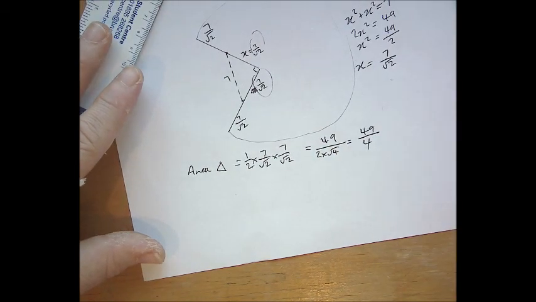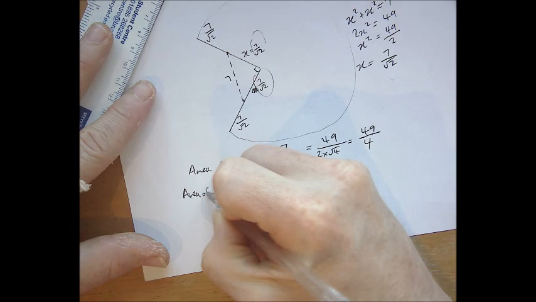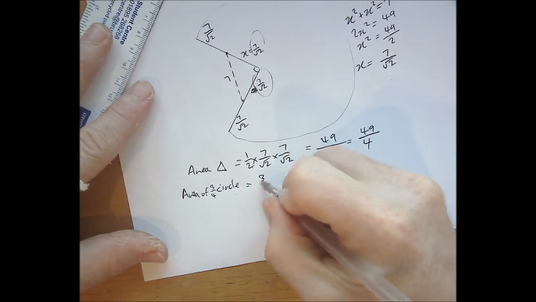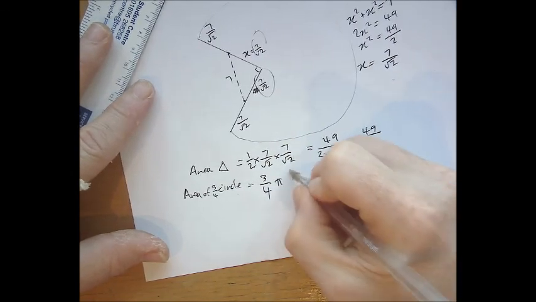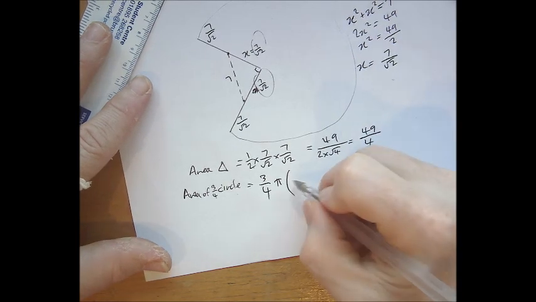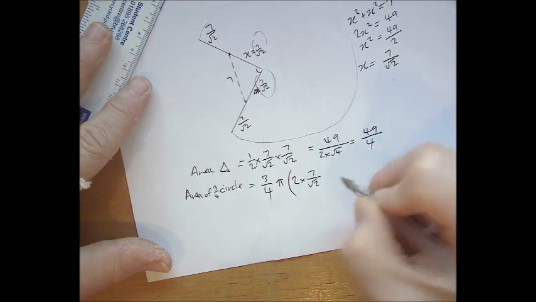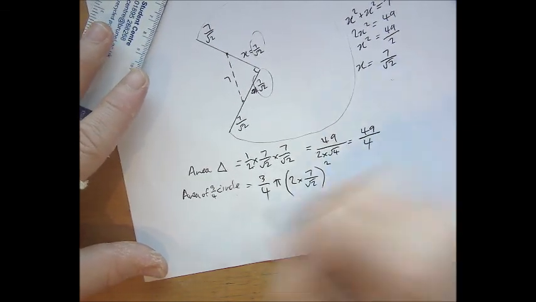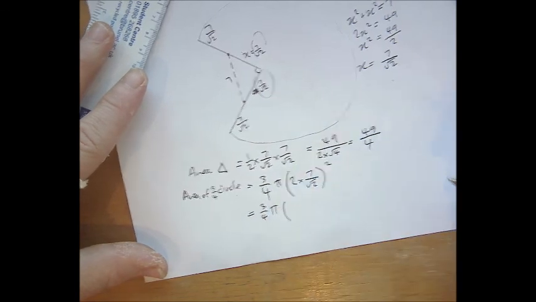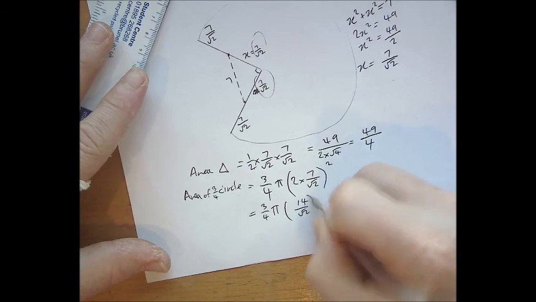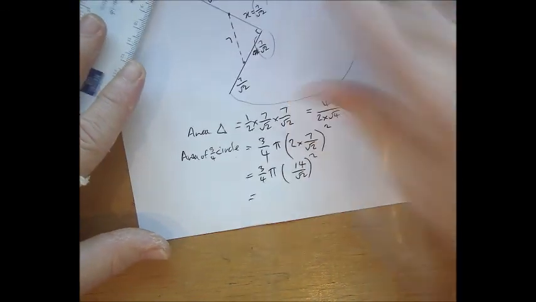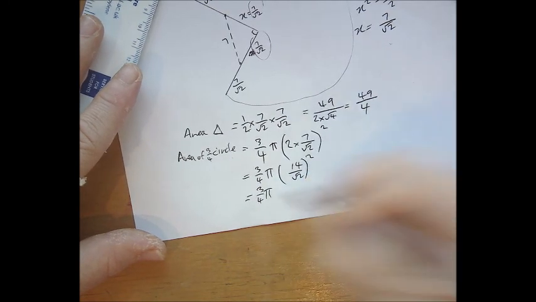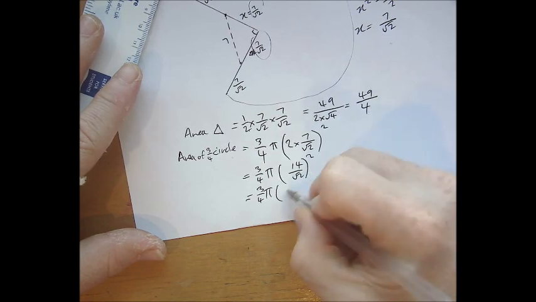Now, area of 3/4 circle equals 3/4 of pi times the radius squared. The radius is 2 times 7 over root 2. We've got to square that. So that's 3/4 pi times 14 over root 2 squared, which is 3/4 pi times, I think that's 196.